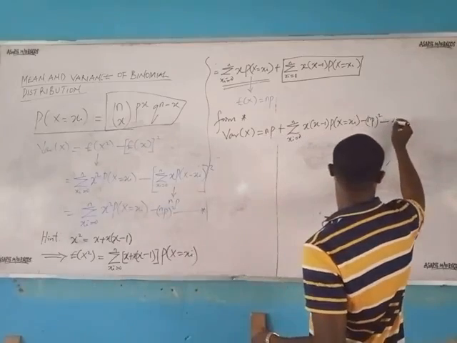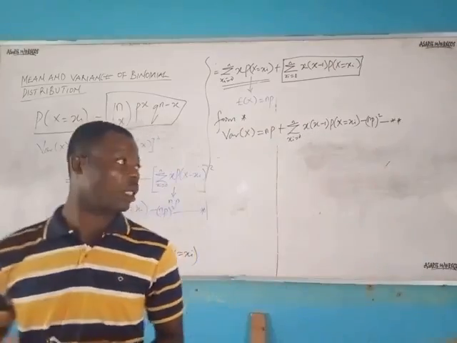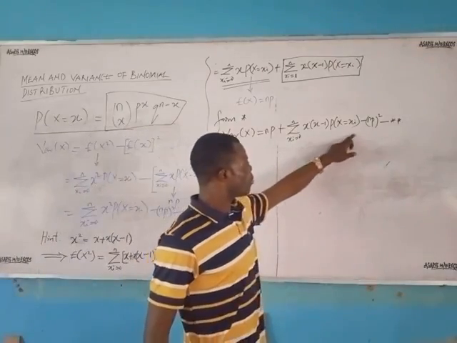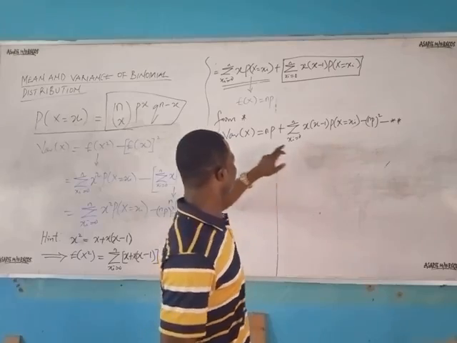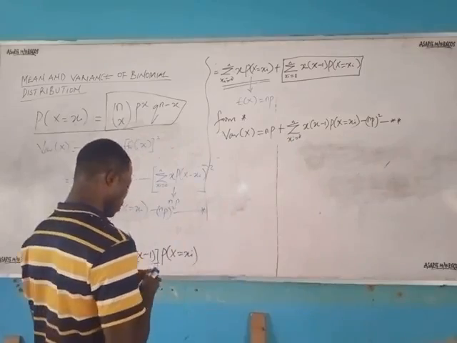Let's call this equation asterisk 2. So we need to find this. When we find this, we substitute into the formula and simplify. That will be our final answer.